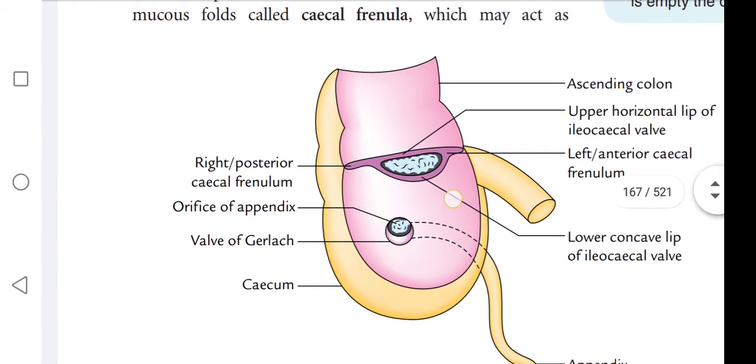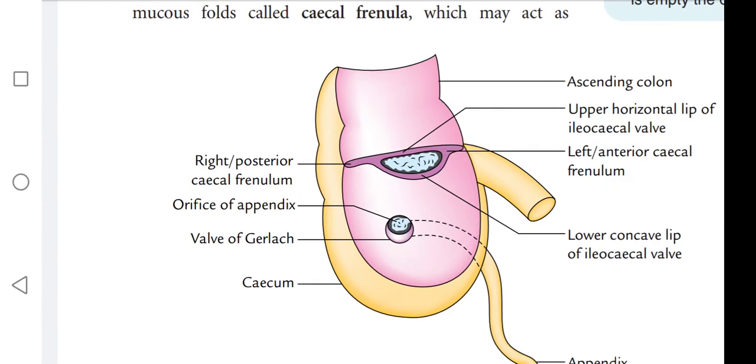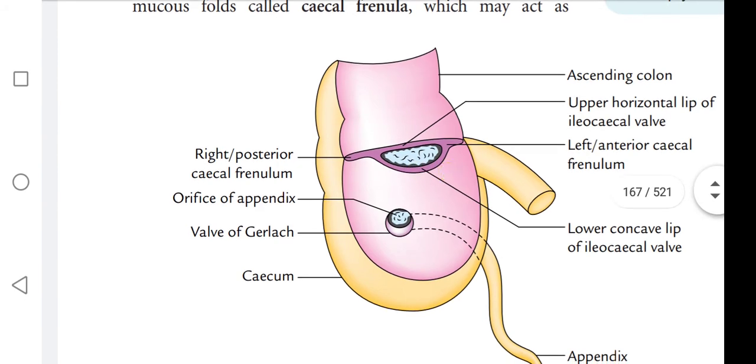The upper lip is at the level of the ileocolic junction, and the lower lip at the level of the ileocecal junction.